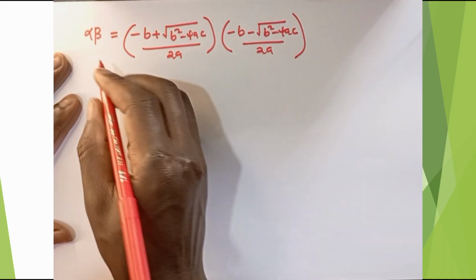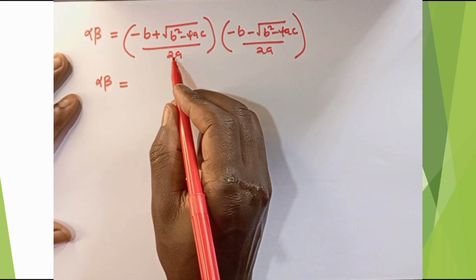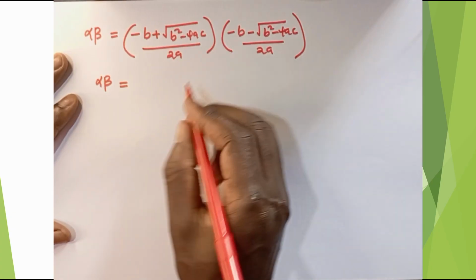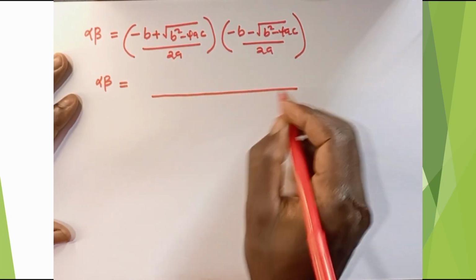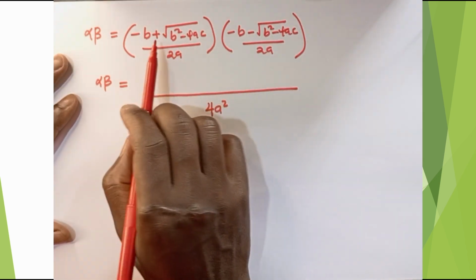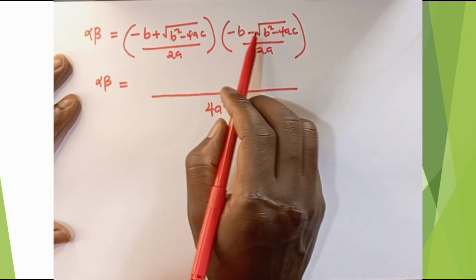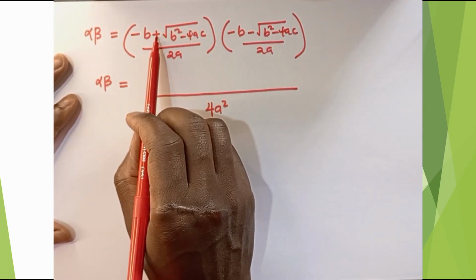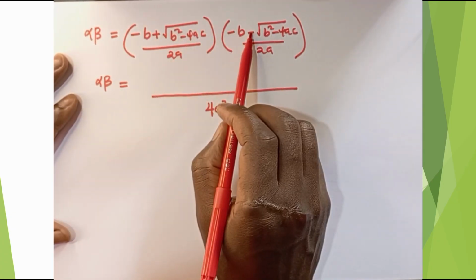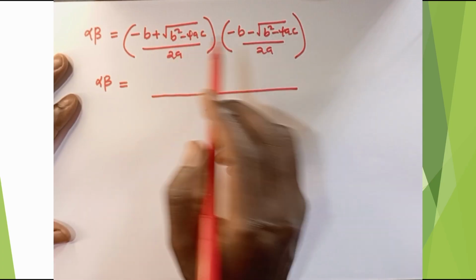Now, for alpha beta, if you multiply 2a and 2a, we end up having 4a squared. If you look at this keenly, it is a difference of two squares, where the sign here is positive and here it is negative.